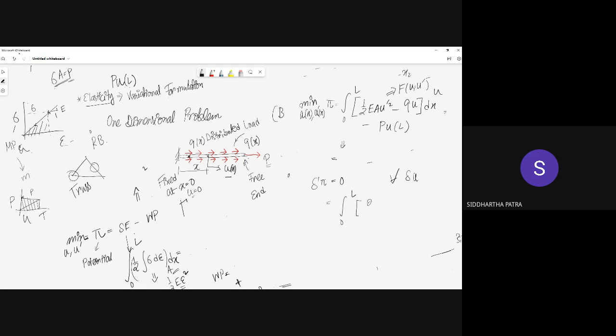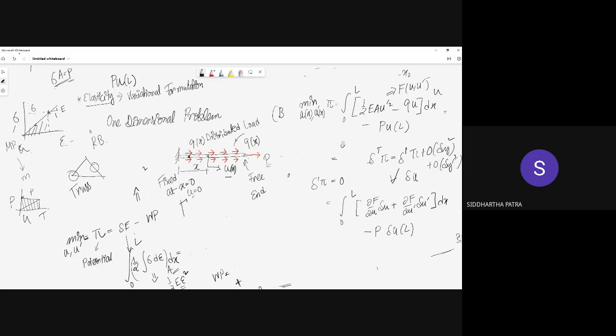So basically del f del u delta u plus del f del u prime delta u prime dx minus p delta u of L. If I were to write the total variation of pi, that would be the first variation, then order delta u and order delta u prime squared, each of them squared.